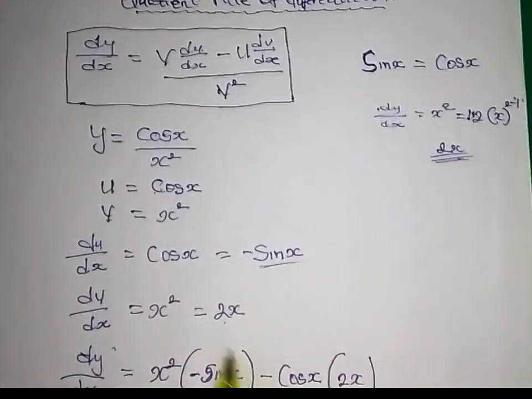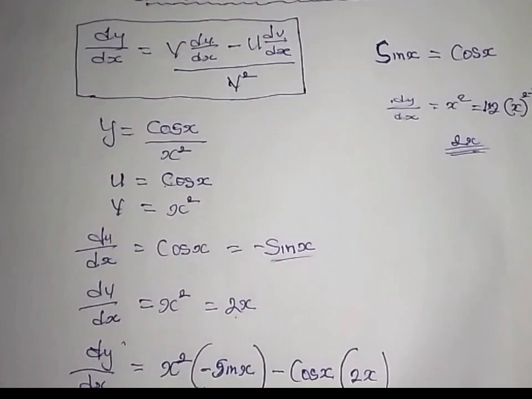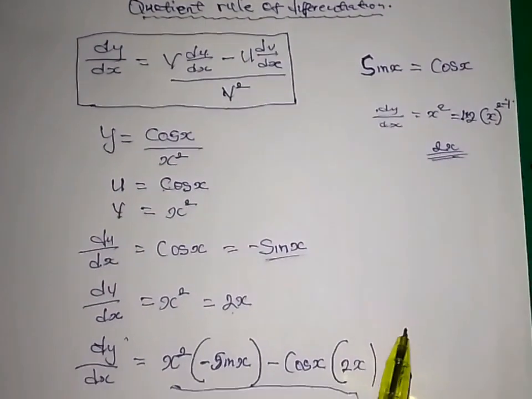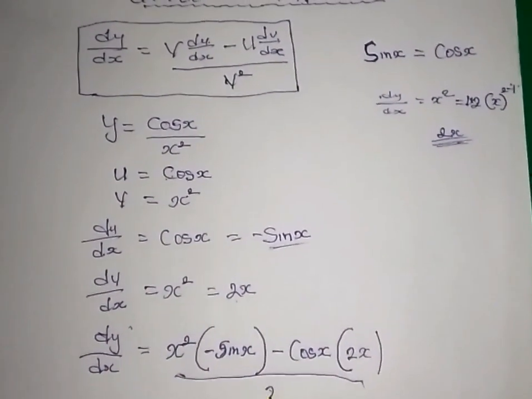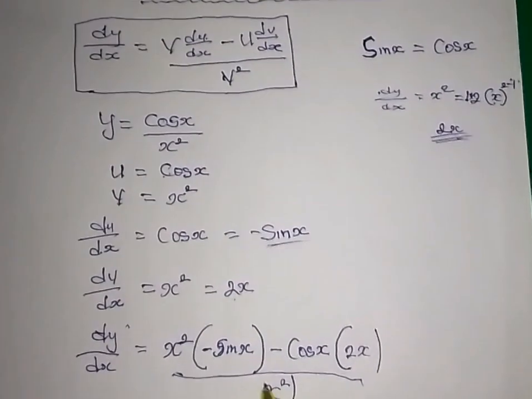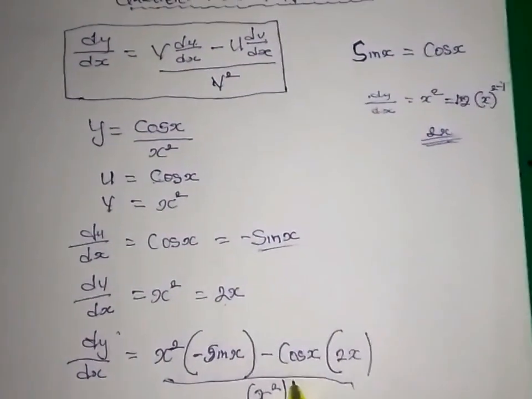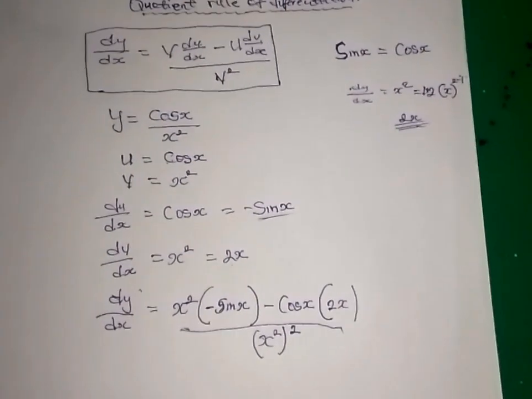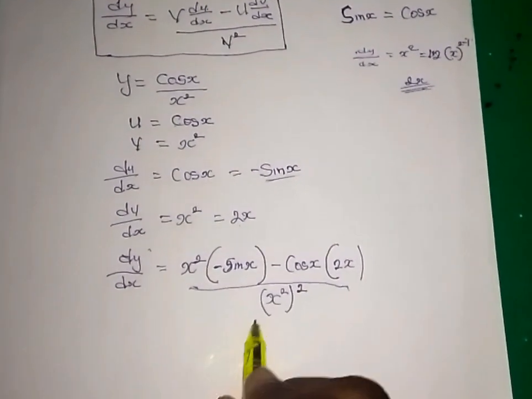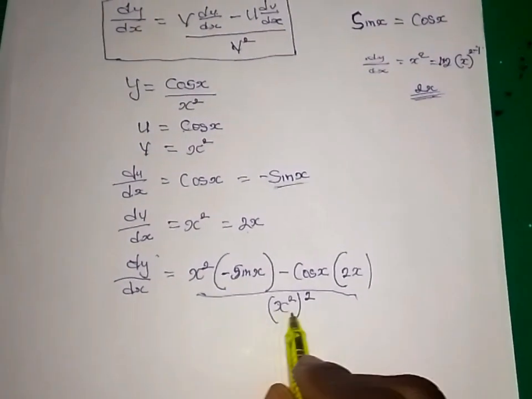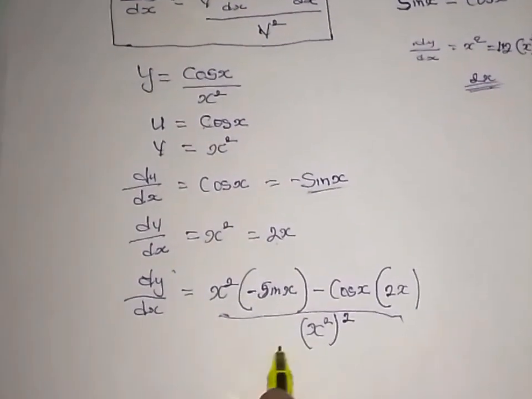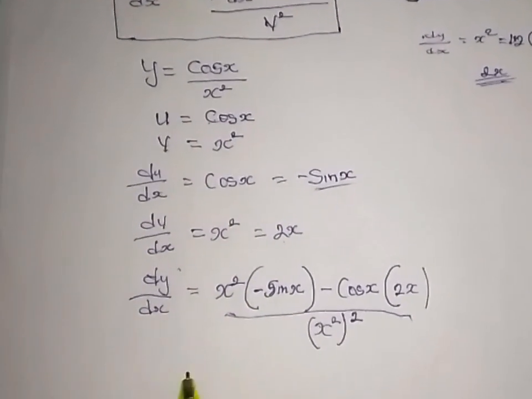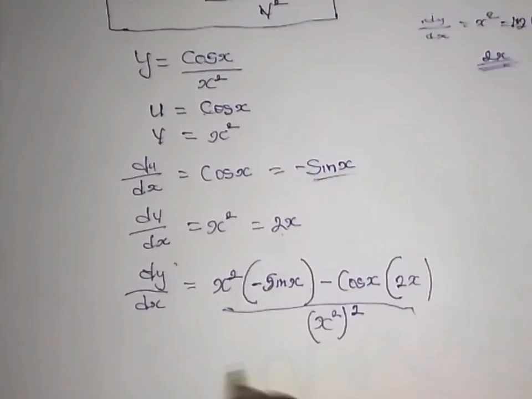Now v square. What's our v? Our v here is x squared. But we have v square here, that means we'll square it. Okay, hope you are following. Now, if we solve this, let's open the bracket first.